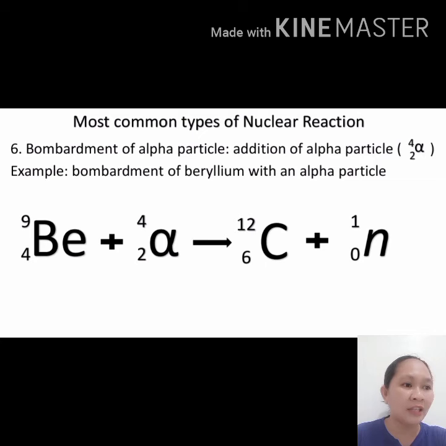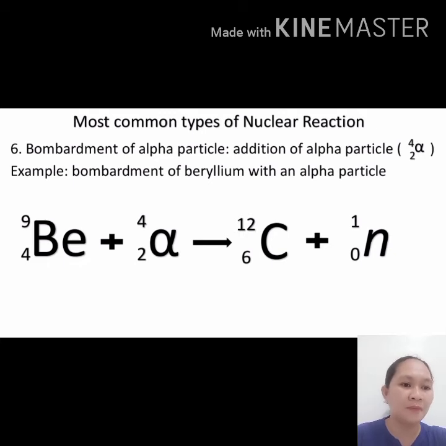Sabi dyan, addition of alpha particle. So, mag-a-add tayo ng alpha particle. 9 plus 4 is equal to 13. 4 plus 2 is equal to 6. Maglagay tayo ng 6. Huwag muna nating lagyan yung ating super subscript.